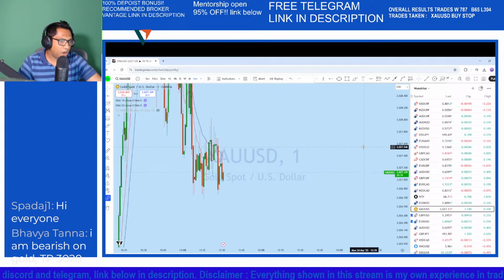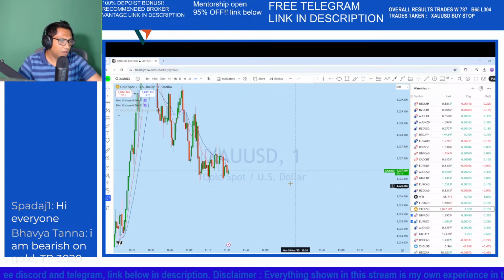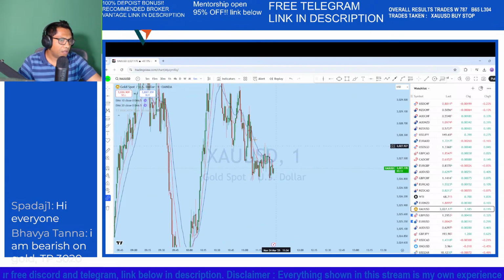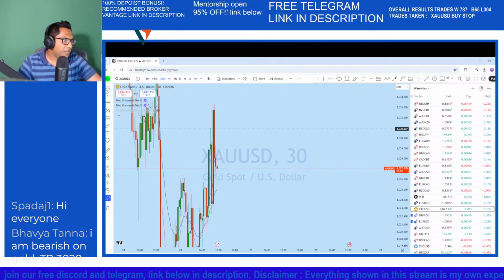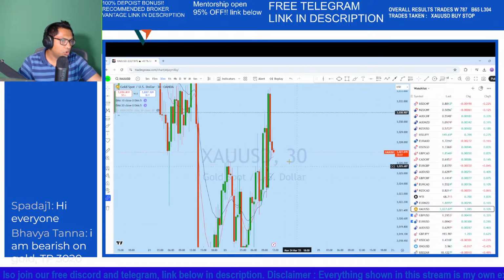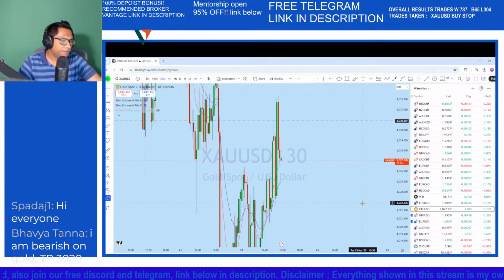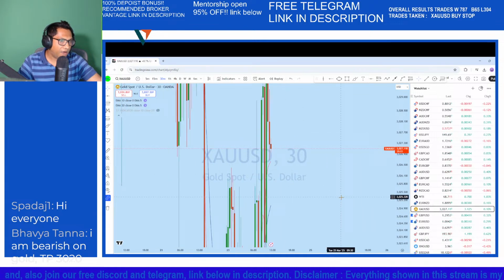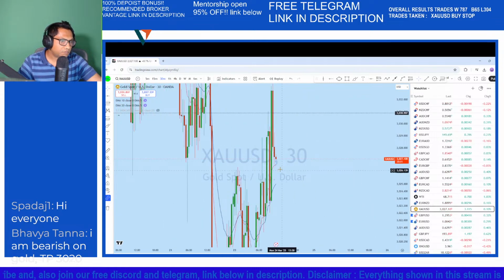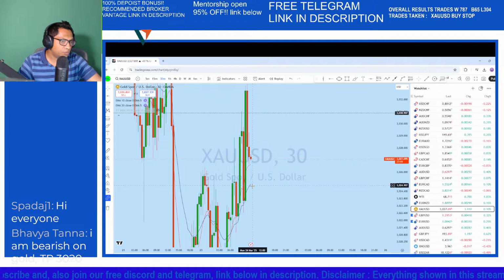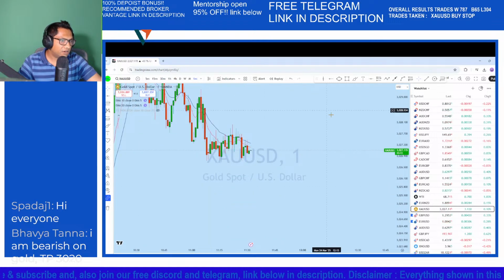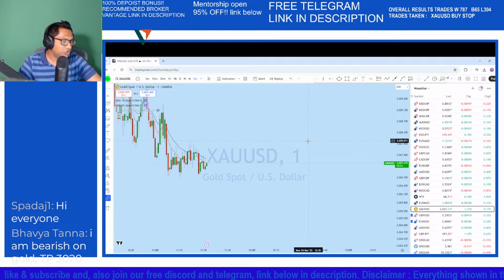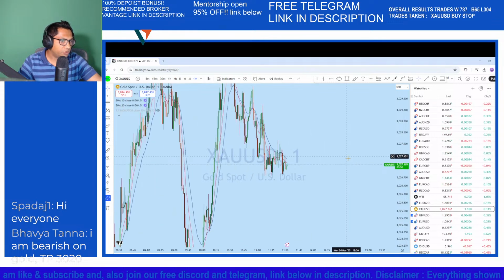In this lower time frame, we can expect the market to potentially drop down here, and after this break below, we expect the price to retest that level. After the retest, we will look for a potential entry opportunity.